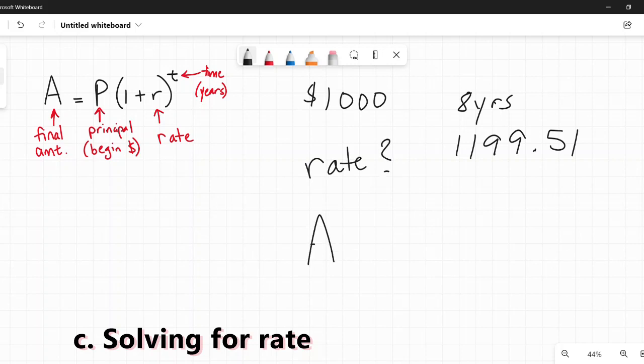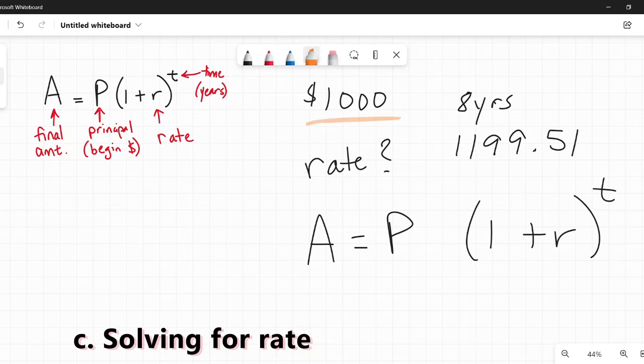So let's put in our numbers and see what we need to do. What do we have? Well, we have $1,000. What is that? That's the principal. That's what we start out with. So I plug that in here. Next, I have over here 8 years. The money's there for 8 years. What is that? That's our time.